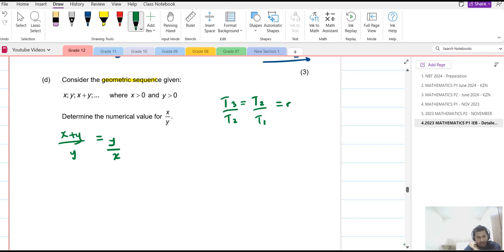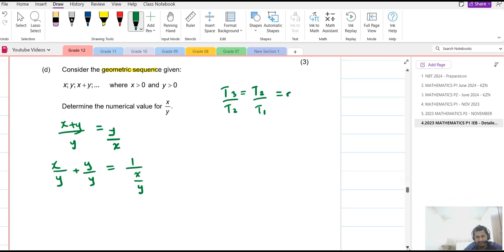Okay, we can split this up. So we got x over y plus y over y is equal to y over x. I'm going to convert this to 1 over x over y, because the idea is to get x over y. So I got x over y here and x over y here. Now I got plus 1. Let x over y be equal to k.